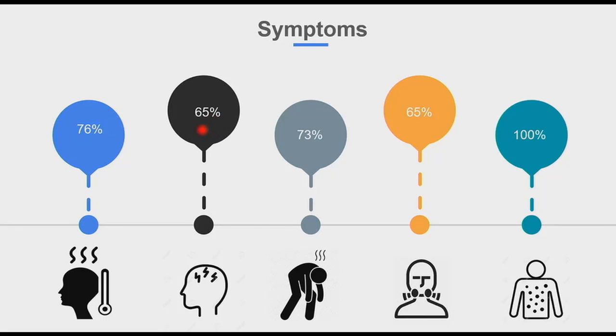The percentage is around 65, and fatigue is around 73%. So these are the general symptoms. Some people may have some atypical symptoms like diarrhea, vomiting, and respiratory symptoms such as cough or rhinorrhea.